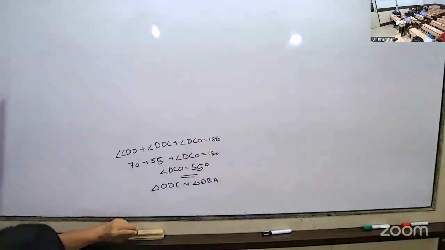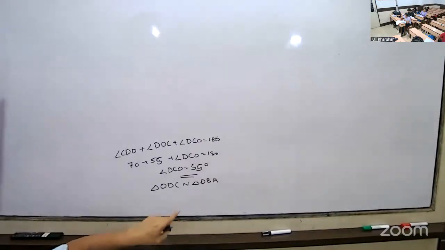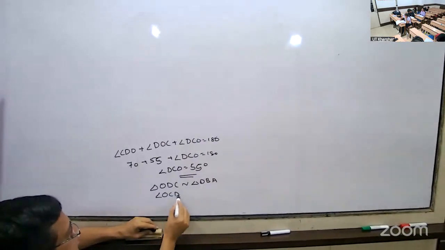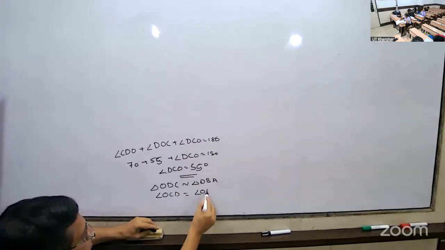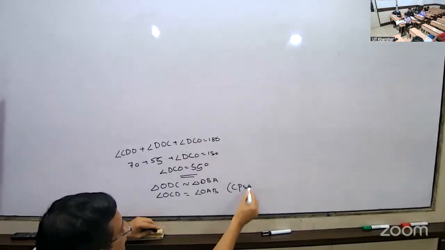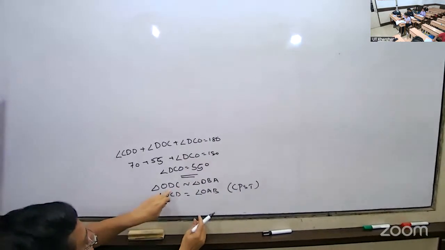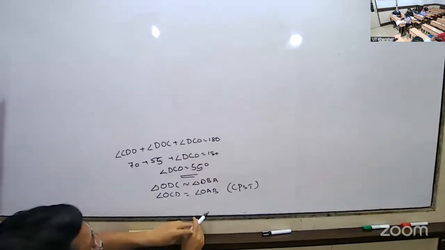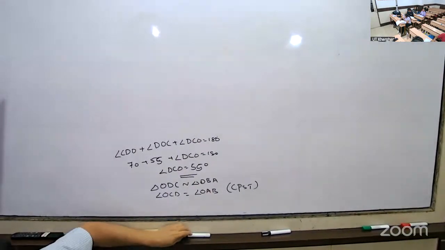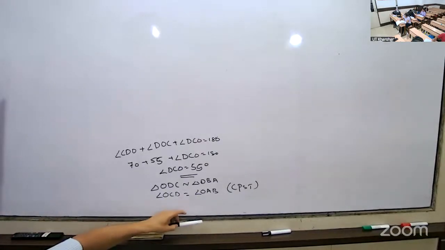Therefore, which angle? This one, angle OCD is equal to angle OAB. Have you followed? See, OCD, OAB, corresponding parts of similar triangles. What is OCD given? 55.